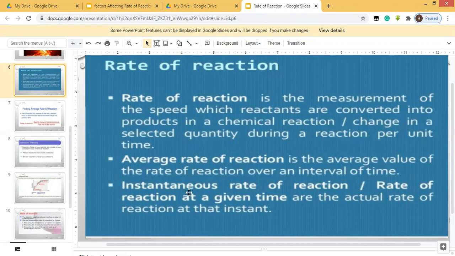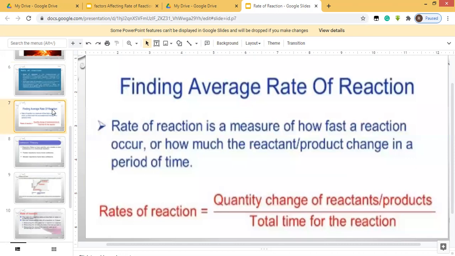An instantaneous rate of reaction is the rate of reaction at a given time, that is the actual rate of the reaction at that instant. So finding the average rate of a reaction measures how fast a reaction occurs or how much the reactants or products change in a period of time.